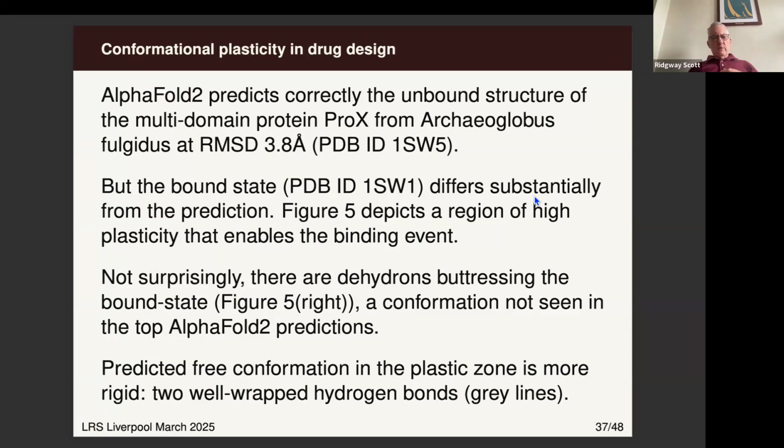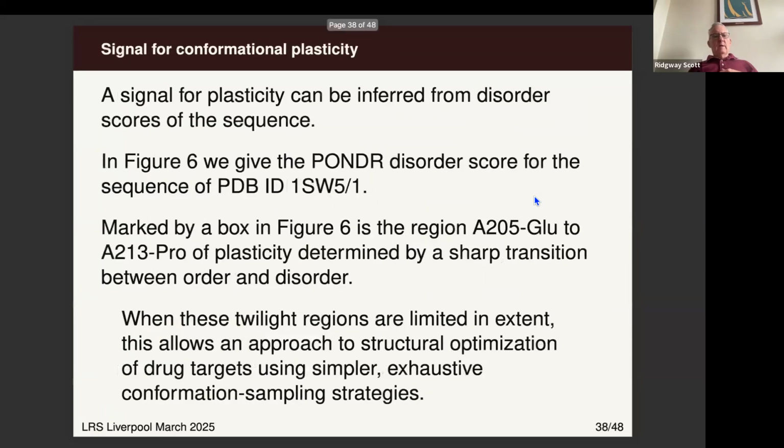And so what we can do is take a look at the disorder score. That's a signal for plasticity. Suppose we've come into Janet's lab. She's done the test, but she's not going to tell us what the answer is. She says, look, where should I look for binding? Well, we would say we expect it to be in a plastic region.